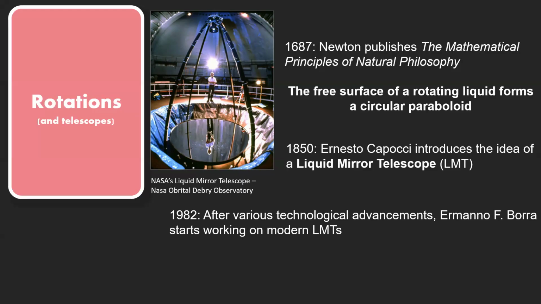Like this one, this is NASA's liquid mirror telescope. Basically, it's just a very big cylinder with liquid mercury inside, which is a metal that's liquid at room temperature. As you rotate that disk, it forms a circular parabola, and it's able to watch the sky that's directly above.